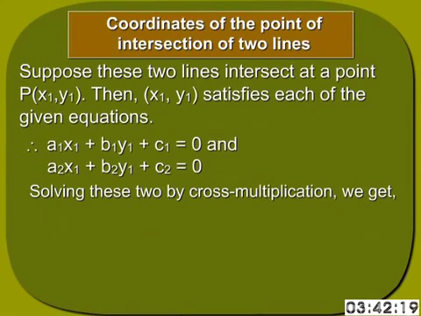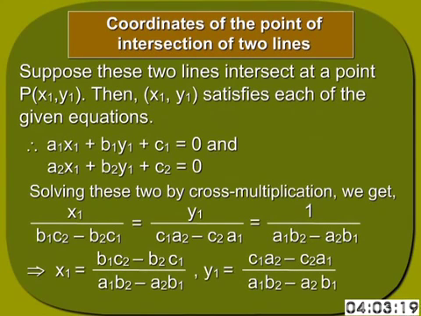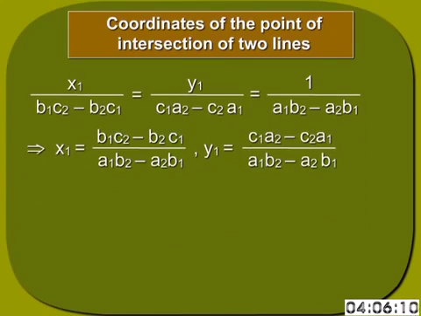Solving these two equations by cross multiplication method, we get x1 upon b1 c2 minus b2 c1 is equal to y1 upon c1 a2 minus c2 a1 equal to 1 upon a1 b2 minus a2 b1, which implies that x1 is equal to b1 c2 minus b2 c1 upon a1 b2 minus a2 b1, and y1 is equal to c1 a2 minus c2 a1 upon a1 b2 minus a2 b1.